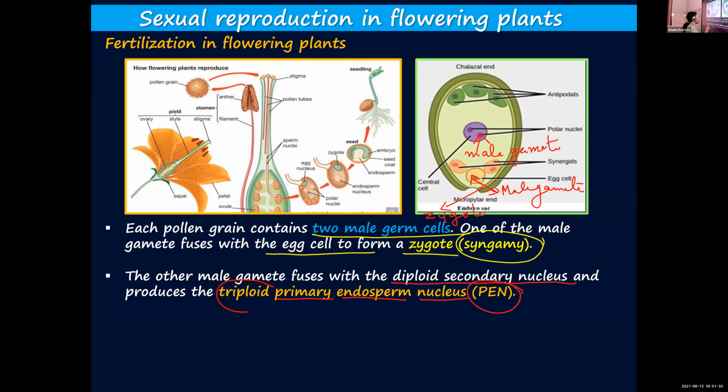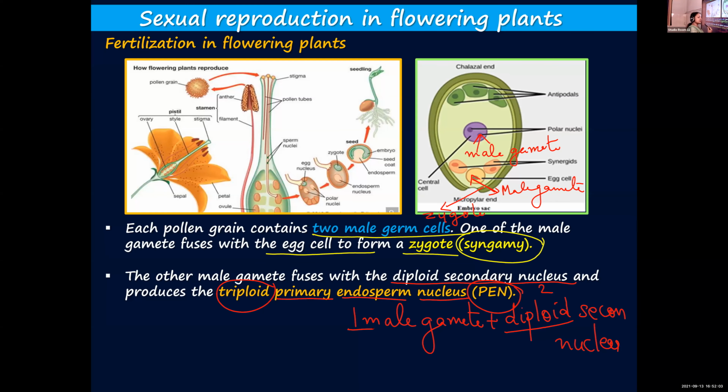It is triploid. Why is it triploid? Because one male gamete is fusing with the diploid secondary nucleus. Diploid stands for 2, diploid plus 1, triploid.